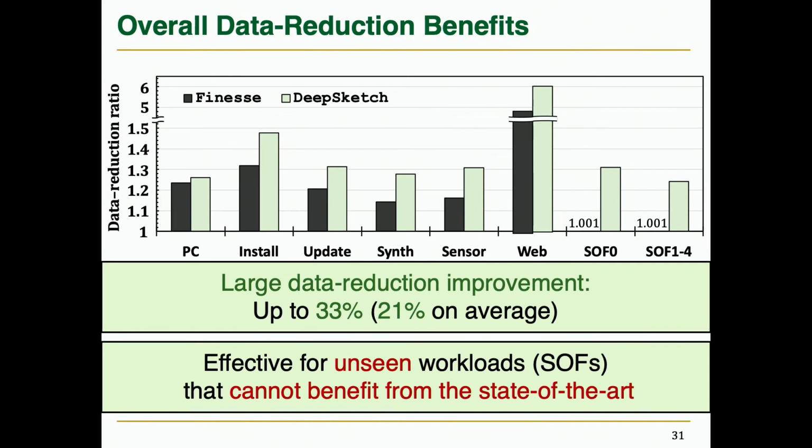First, DeepSketch can provide high benefits even when the workloads are not used in its DNN training, which shows its high generality for unseen workloads. Second, and this is something unexpected, DeepSketch can significantly improve the data reduction ratio, even for workloads that cannot benefit from Finesse.